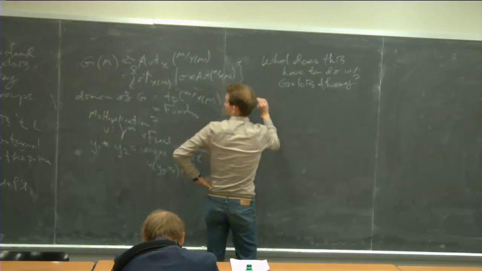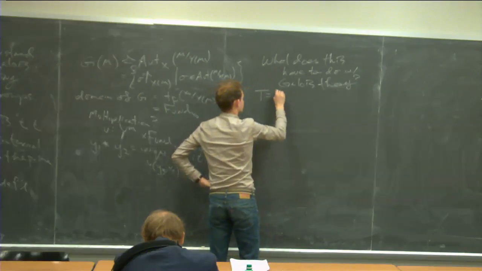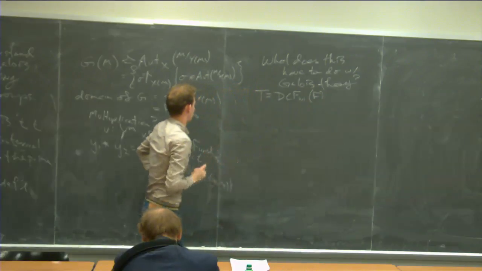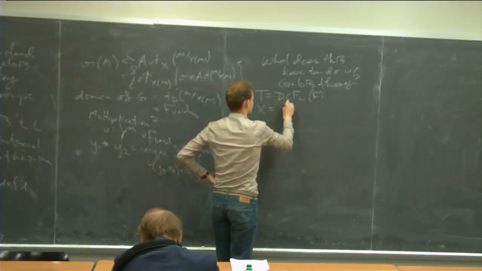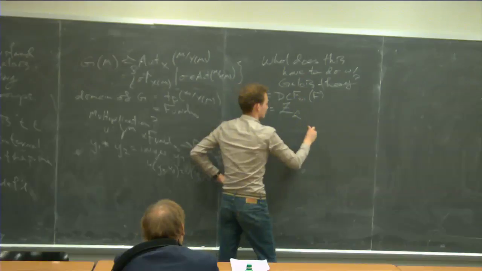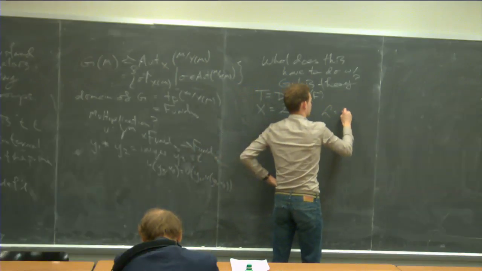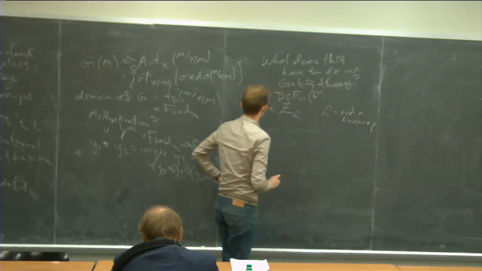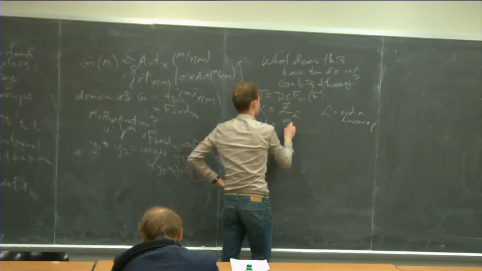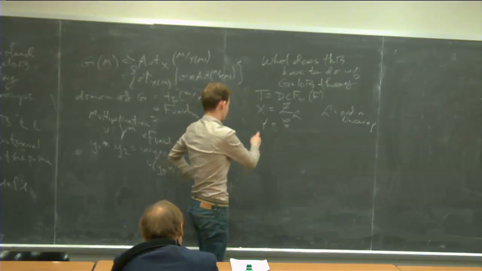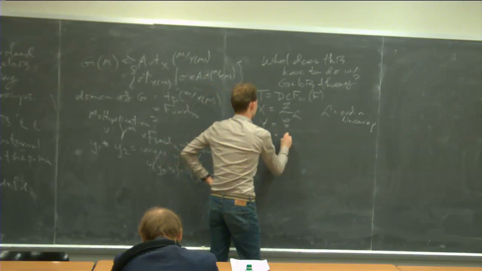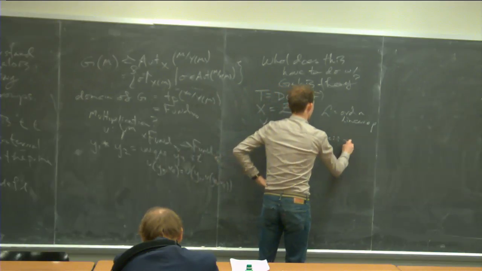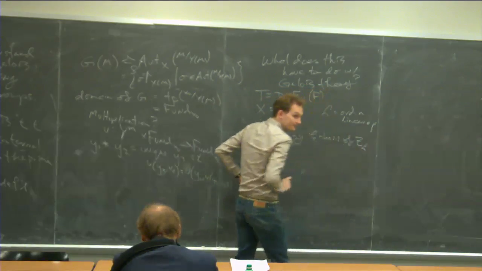In the case where we take T to be DCF_0 with F, and X to be the zero set of L, an order n linear operator, Y to be the constants, and X_0 to be any C-basis of Z(L).